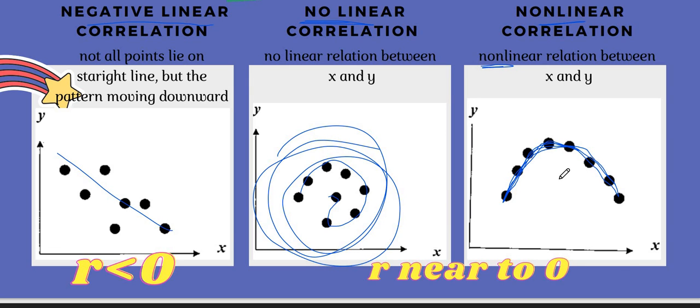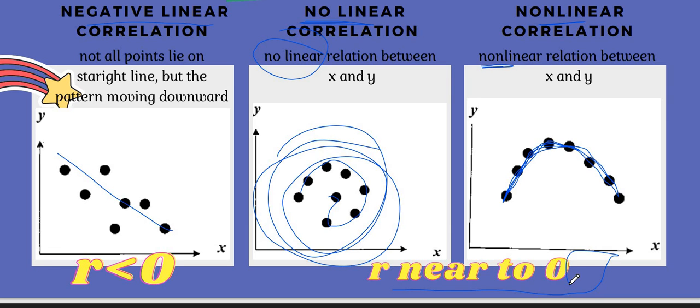So that's the difference between no linear and non-linear. Non-linear is when we still can sketch, but it's not exactly a linear graph. But for no linear, there is no line that we can sketch between these points. And for these two, the non-linear and no linear, R is near to 0. R approaches 0.